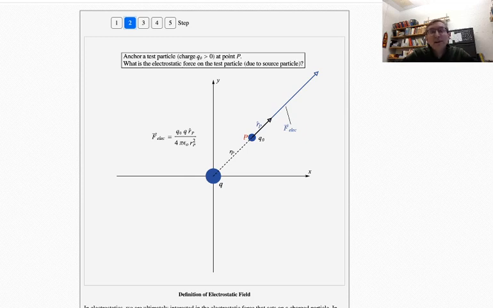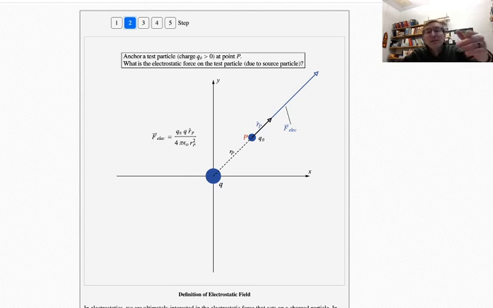Now, we learned how to calculate that in chapter 21. Coulomb's law enables us to calculate the electrostatic force on one particle due to another. And I show that arrow for the electrostatic force on the test particle. It's that big blue arrow labeled F electric. Notice it's anchored on the test particle, and notice it points radially away from the source particle because they're both positive, and the force is repulsive.